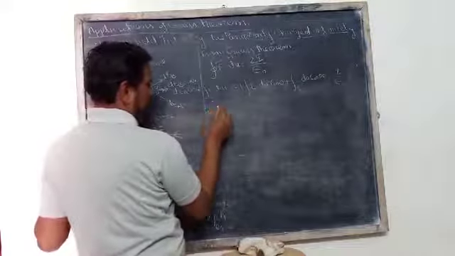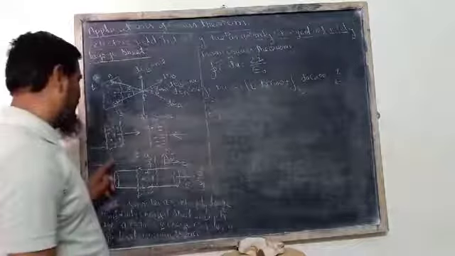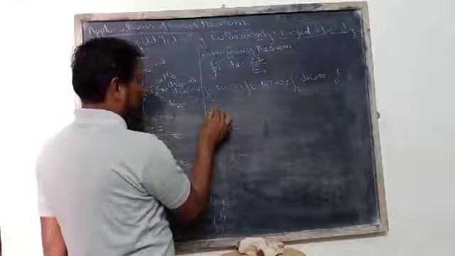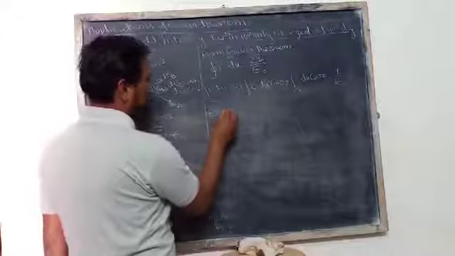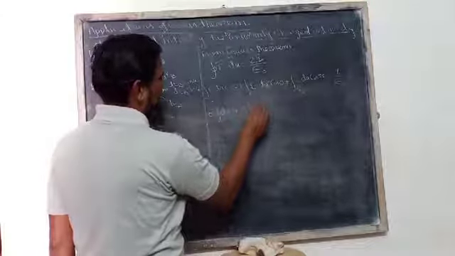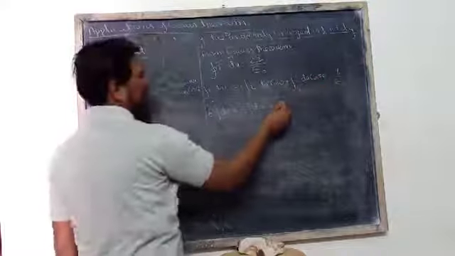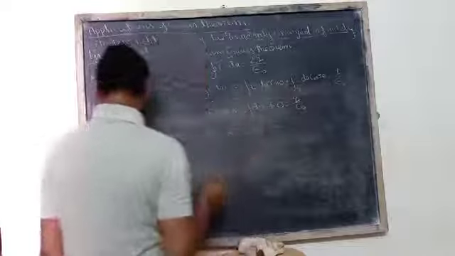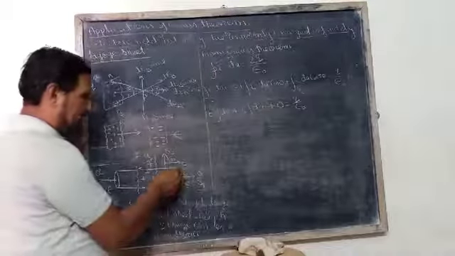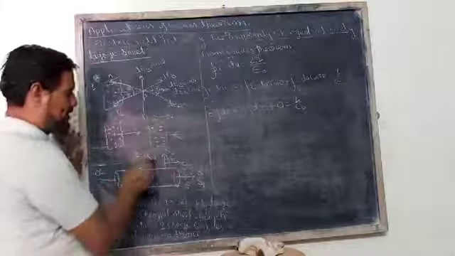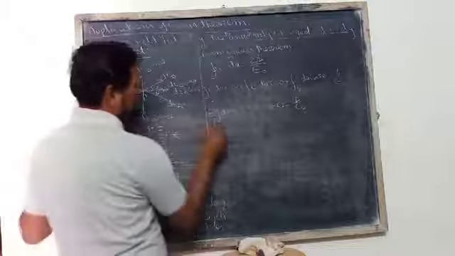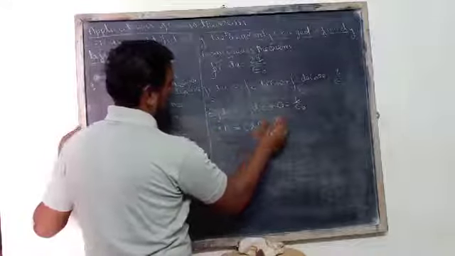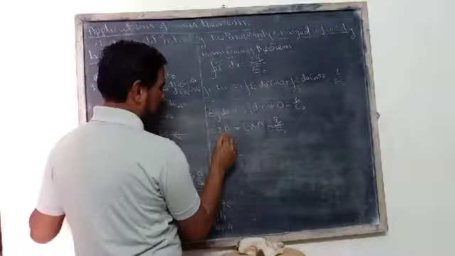E can be taken out, because at every point of the Gaussian surface the electric field intensity is the same, so we can consider it a constant. E into dA plus E into dA, plus the cos 90 term which is equal to 0, is equal to Q upon epsilon. If the area of these circular surfaces is equal to the area of the sheet, then E into A plus E into A is equal to Q upon epsilon naught.